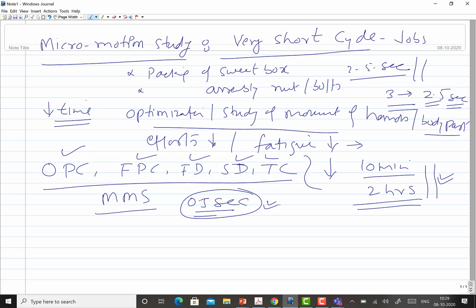The scale is very limited, but still these studies are useful for short cycle jobs which take a very small time, but are repeated, say, thousands of times in a day.